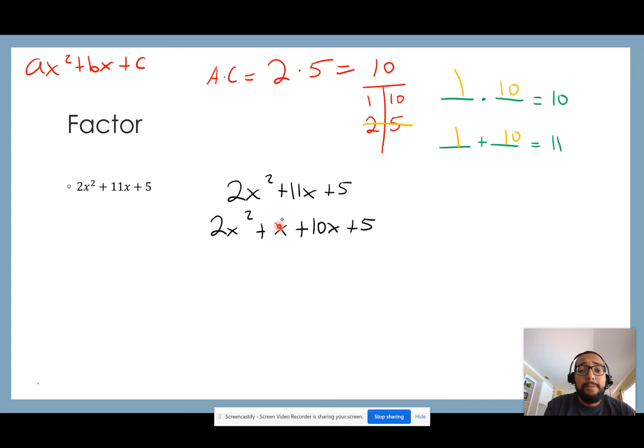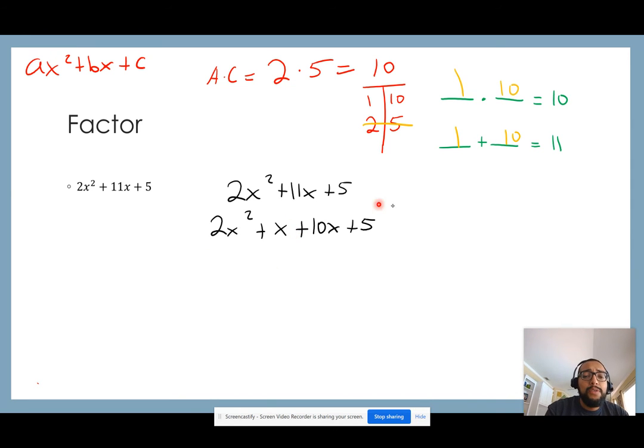But this middle term, this 11x, I broke it up as a 1x plus a 10x. Where did I get those numbers from? I got it from this over here. This is why it was important that we find this second condition, because this second condition allows us to break up this 11x. Mathematically, I'm not doing anything bad or illegal.